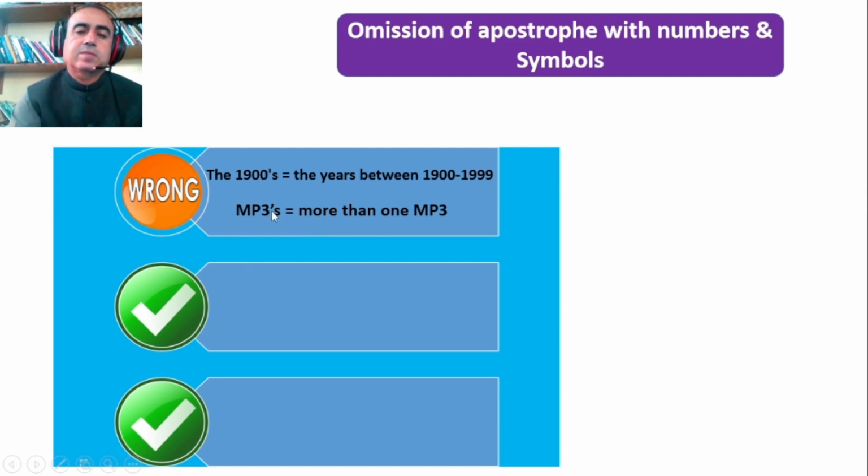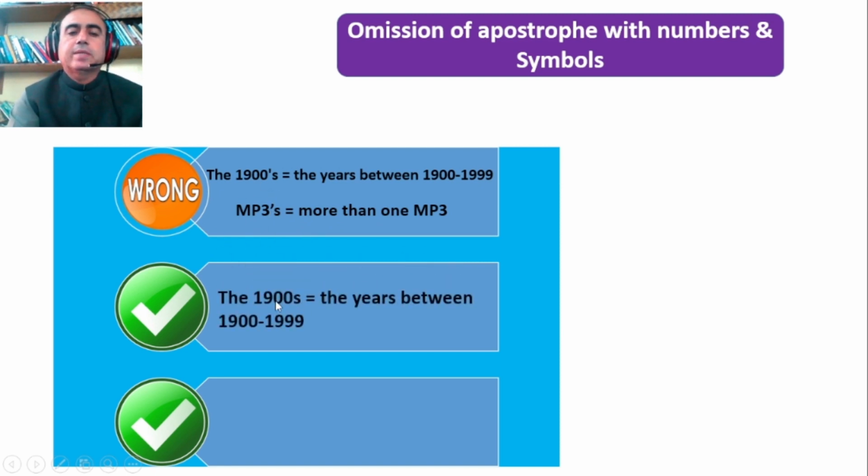It cannot be like this. It should be the 1900s without an apostrophe S. It means the years between 1900 and 1999. Then MP3s without the apostrophe that we have used here means the plural case, more than one MP3.